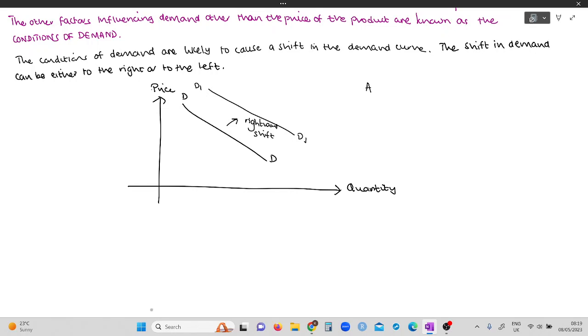Donc, quand nous disons qu'il y a une rightward shift, a rightward shift implies an increasing demand. Le contraire, quand ça part côté gauche, from D2 par exemple, on appelle ça leftward shift.